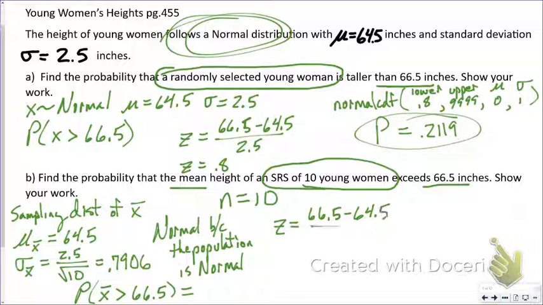So this time we're dividing by 0.7906, and that z-score is going to be further to the right on the z-curve. We get 2.5297.